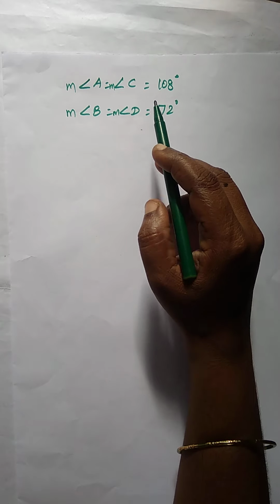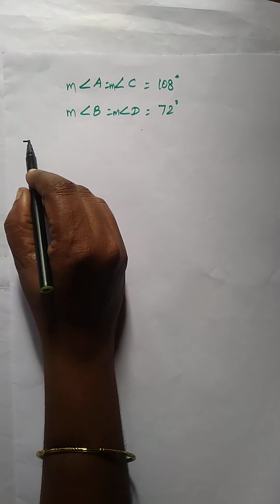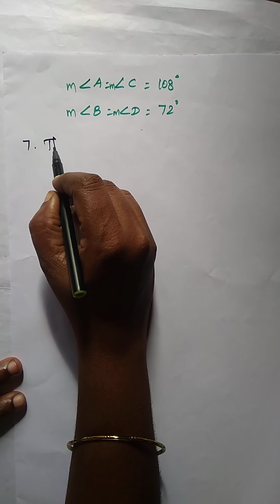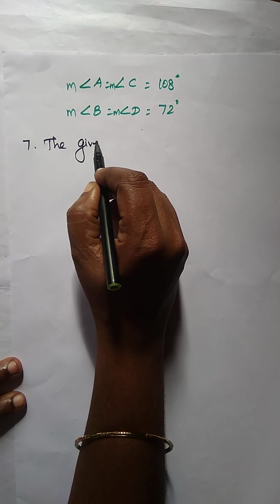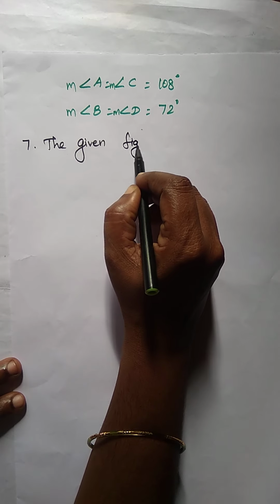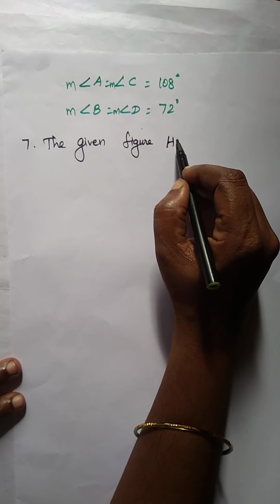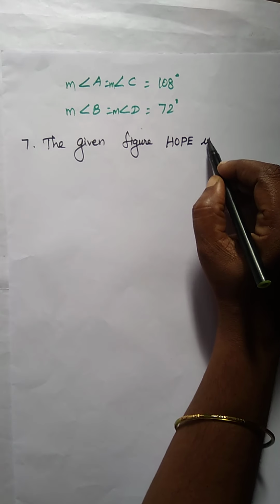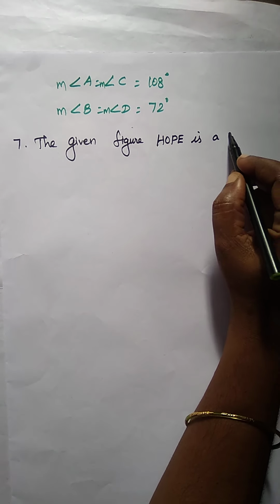Okay. Now the next question is question number 7. The given figure HOPE, H-O-P-E, is a parallelogram.